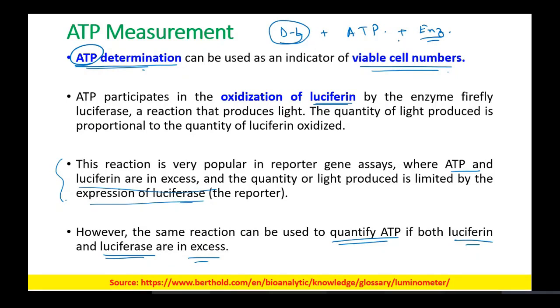However, in this case of ATP measurement, we have to keep the D-luciferin and the luciferase enzyme in excess, and only the light generation will be dependent on the availability of the ATP. If there is a higher amount of ATP available, there will be a higher amount of light generated, and vice versa.